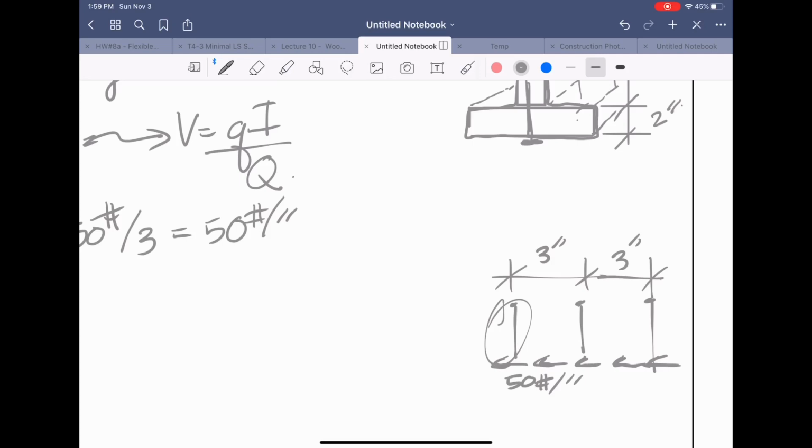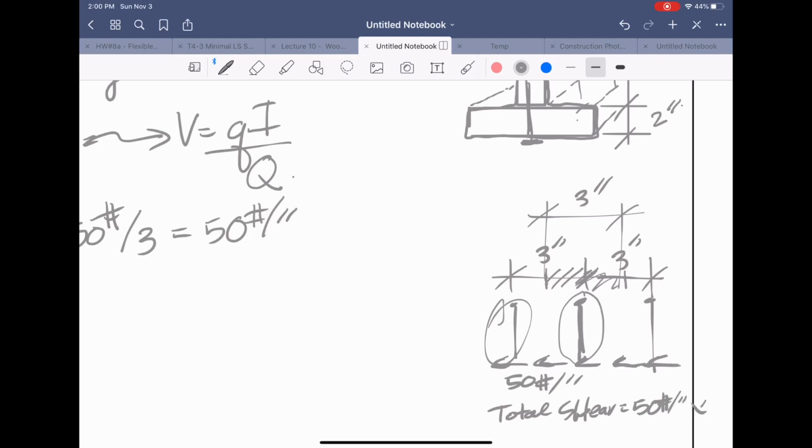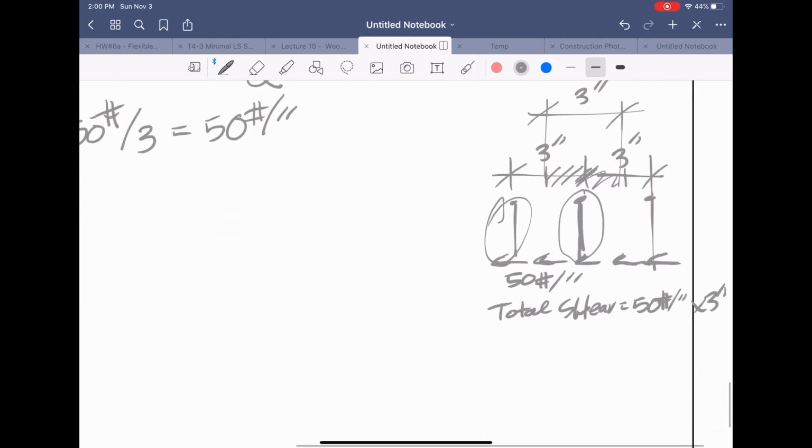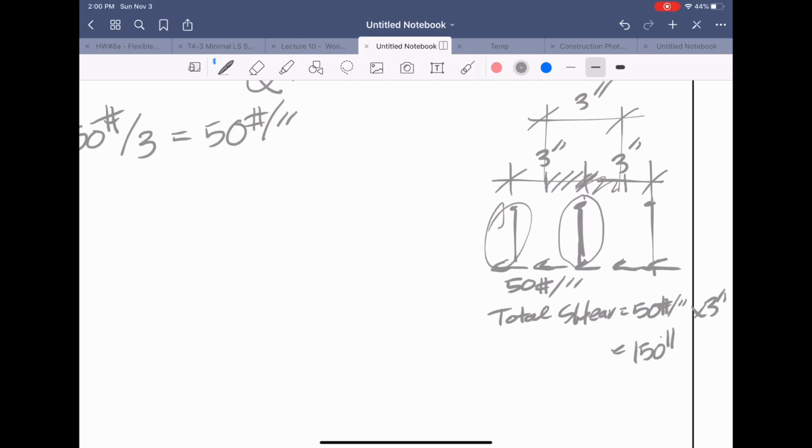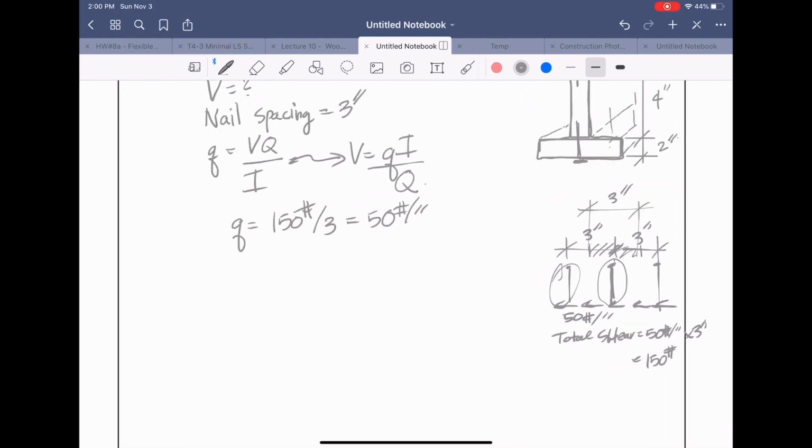Maybe we take this middle one. Half of this and half of this, that same distance, is 3 inch. So 3 inches is tributary to that one nail. The total shear is 50 pounds per inch times 3 inch, which equals 150 pounds of shear capacity in the nail. Hopefully that makes more sense.